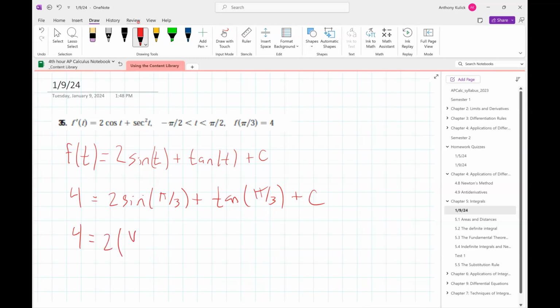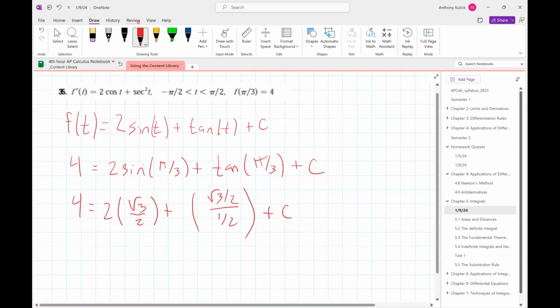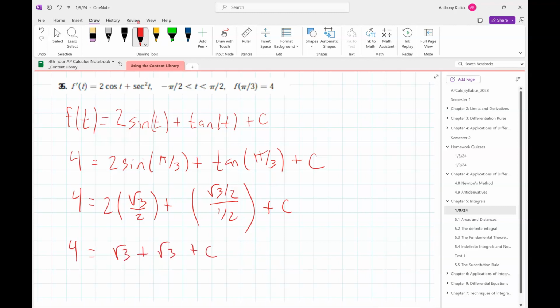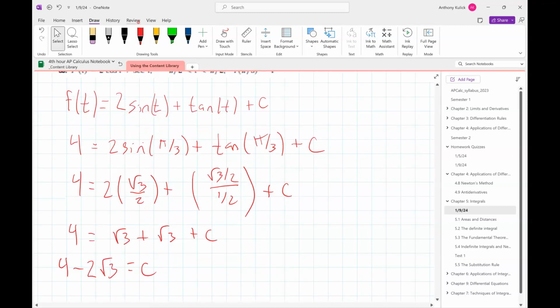That's root 3 over 2. Tangent of pi over 3 is going to be y over x, so just root 3. So we end up with root 3 plus root 3 plus c. So c should be 4 minus 2 root 3.